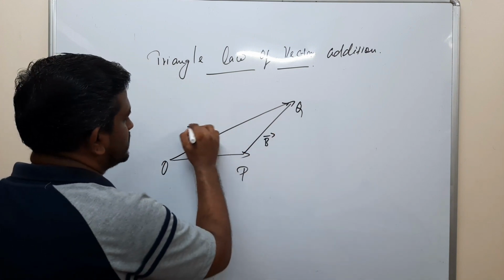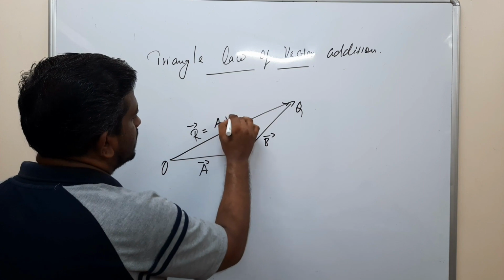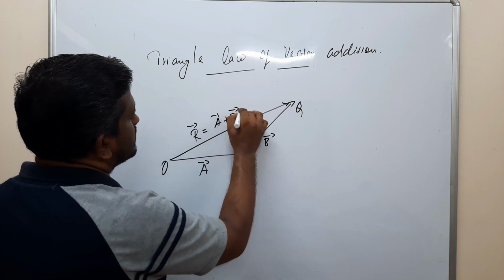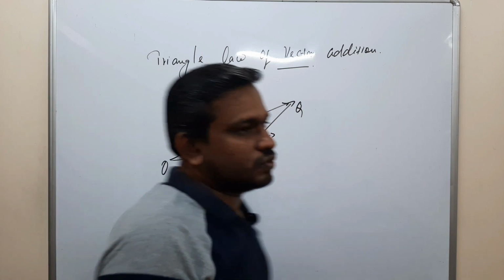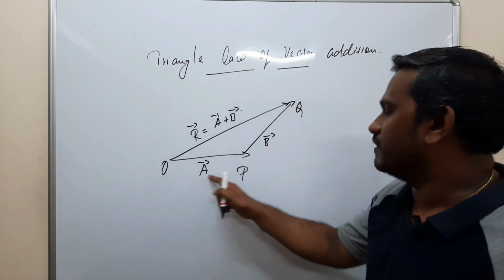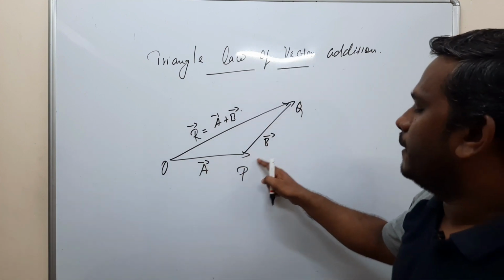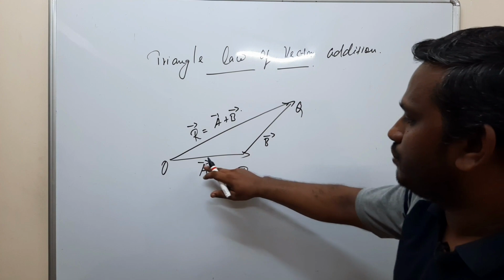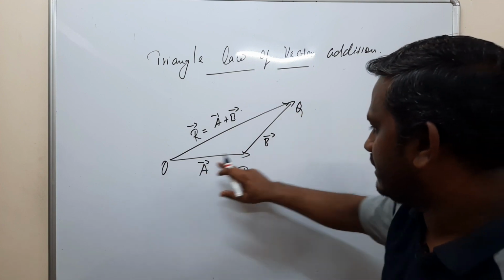So the R vector is equal to the A vector plus the B vector. Suppose two vectors, the A vector and the B vector, are represented by the two adjacent sides of a triangle taken in the same order.